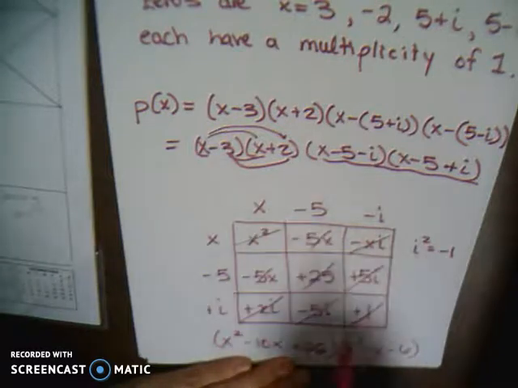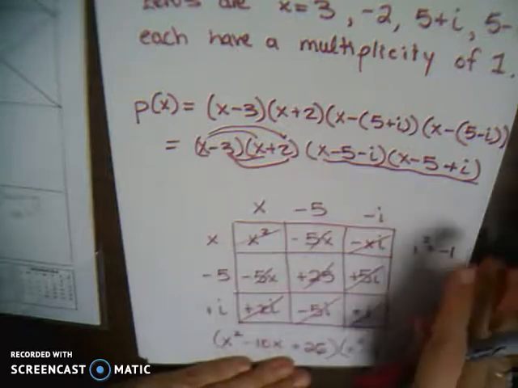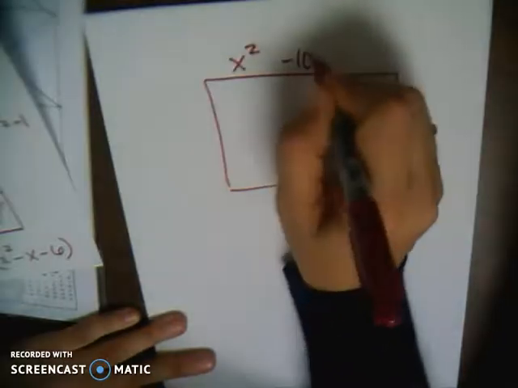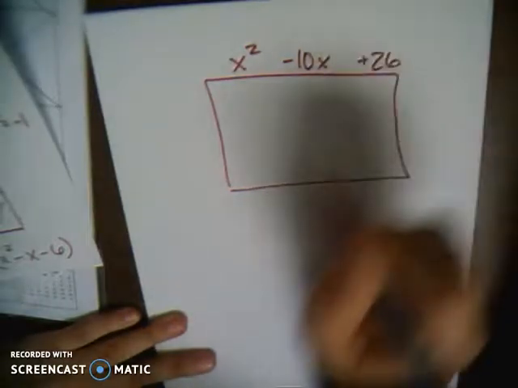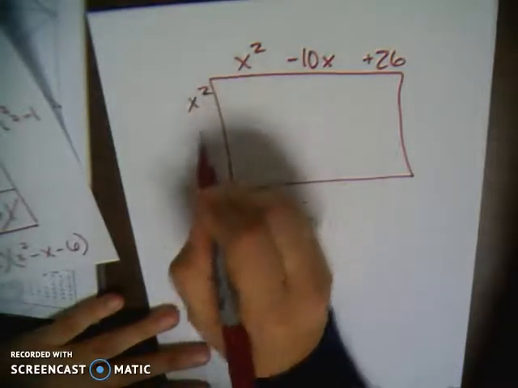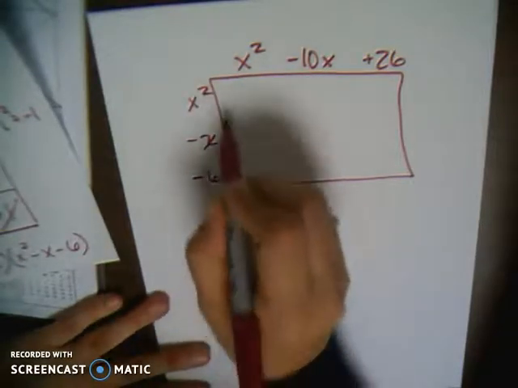And I'm going to do another box method just like this one. So we've got x squared minus 10x plus 26. And I always bring the signs with me just to be safe. And my other one was x squared minus x minus 6.